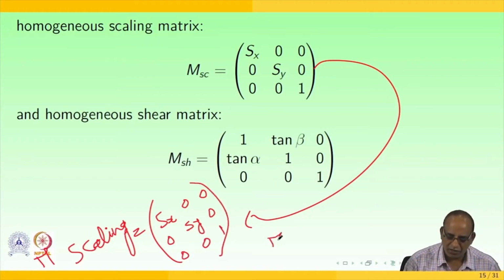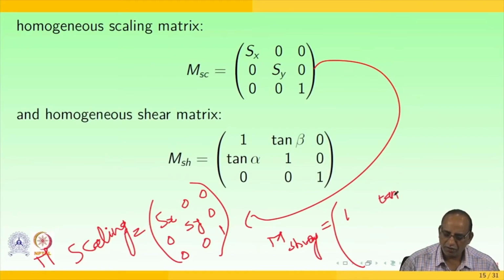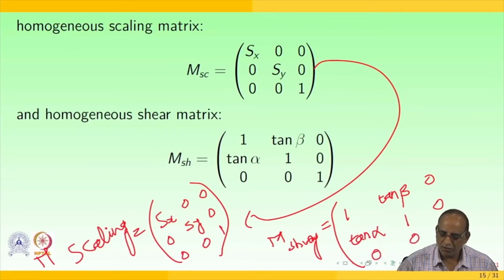And M shearing is [1, tan beta, 0; tan alpha, 1, 0; 0, 0, 1].